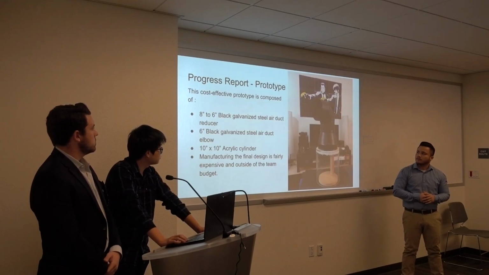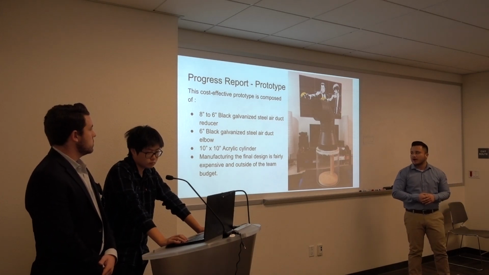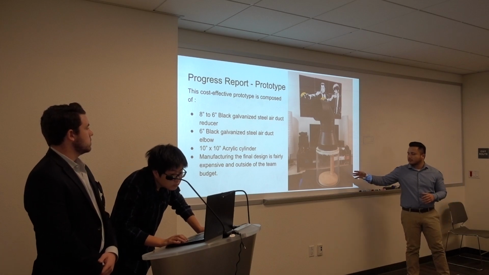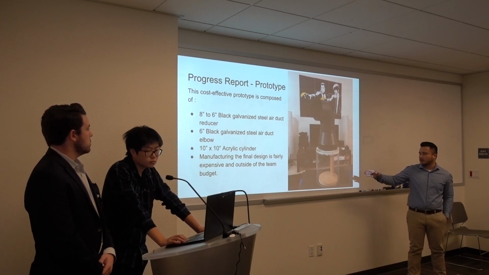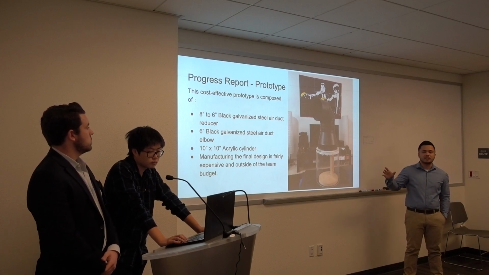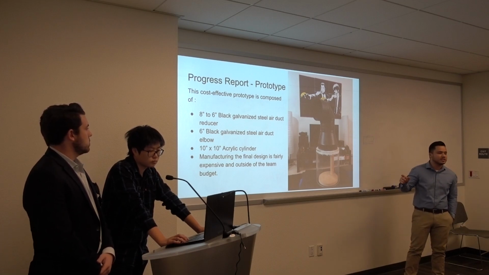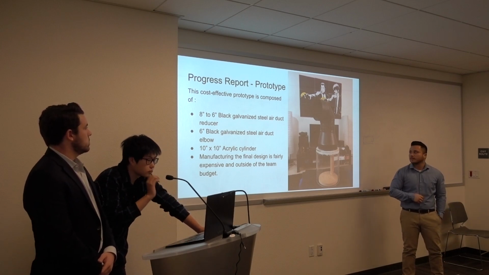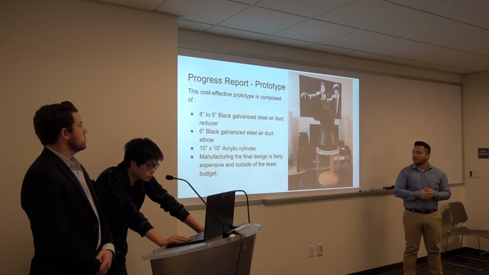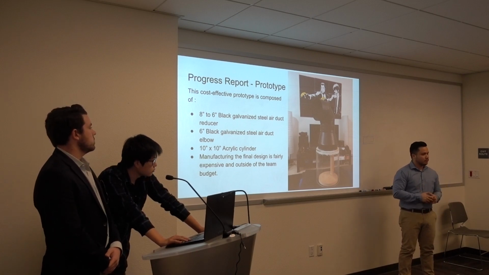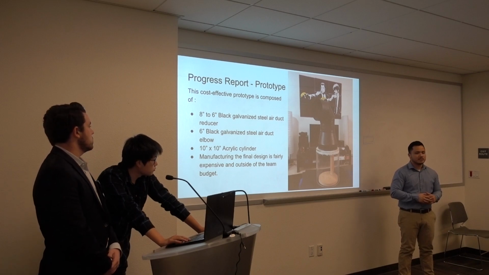Next. So, as of now, we have built a prototype composed of a 10-inch diameter acrylic cylinder with 2 pieces of galvanized steel: the first is a reducer from 8 inches to 6 inches, and then the elbow is 6 to 6 inches. We assembled this not as a final product, but rather as a learning tool to learn how this can better serve as a combustion analyzer.